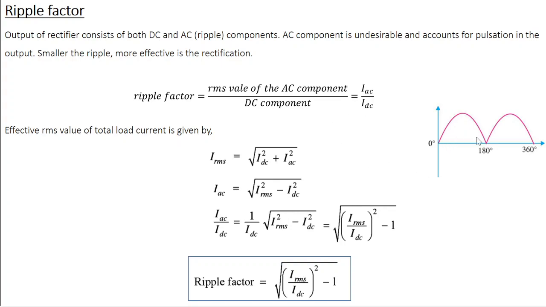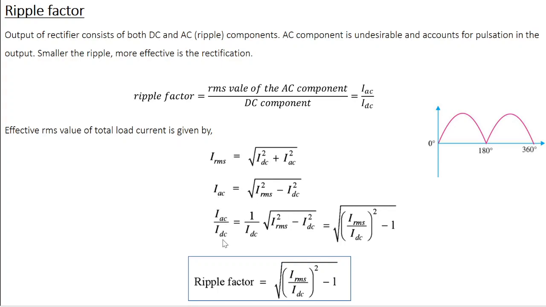Since the output current has both AC and DC components, the effective RMS value of the total output current is given by I RMS equal to square root of IDC square plus IAC square. Remember, RMS stands for root mean square. Okay. So from this expression, I can write IAC as square root of I RMS square minus IDC square.